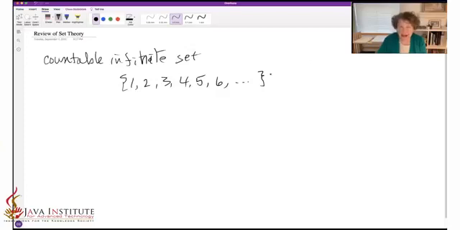And the cardinality of this set is Aleph naught. We talked about that yesterday. And so we say this is countably infinite. This is how we talk about it.